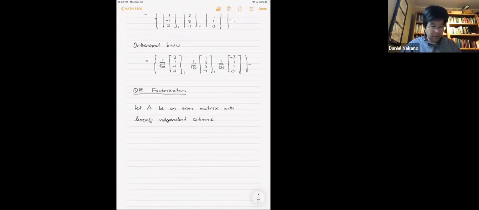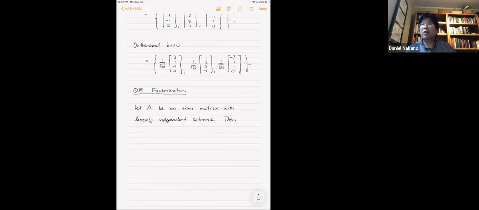Okay. So if we have linearly independent columns, we can look at the span of those columns, and that's a subspace. And because the columns are linearly independent, they form a basis for the column space already. Okay.